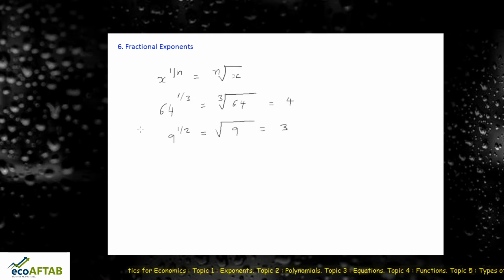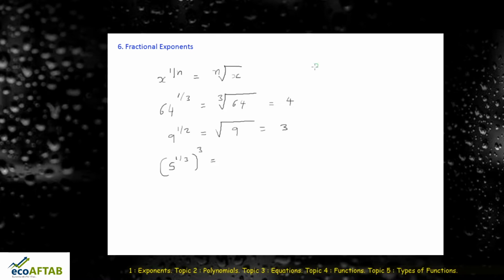To make it more interesting, if I make use of power rule, 5 raised to 1 upon 3, the whole cube. So what will be this thing? Please recollect the power rule, x raised to a the whole raised to b. I'll write it here for you.